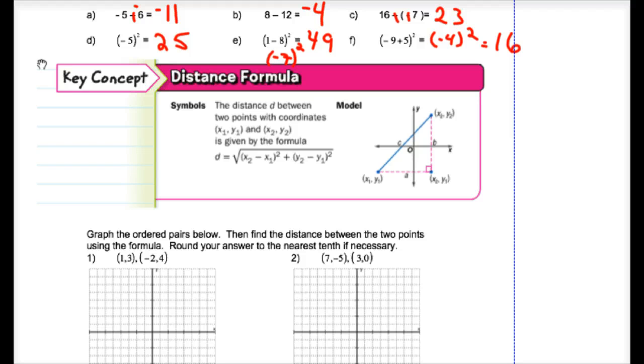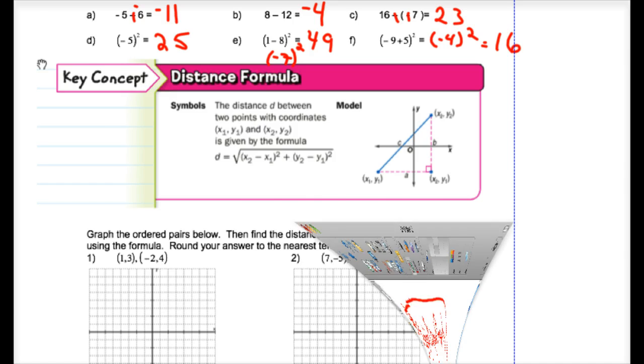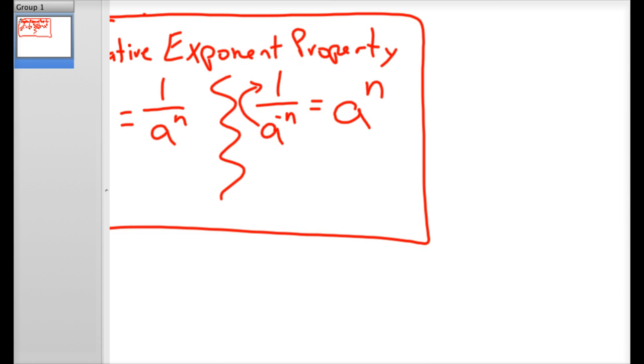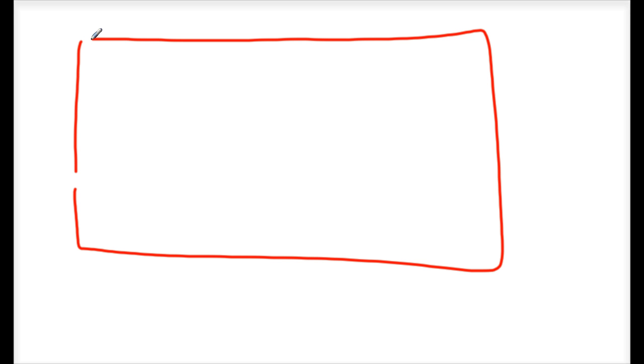Everybody go to your note card. All right, note card. You don't have to write real small. There's hardly anything on this one side. The distance formula.